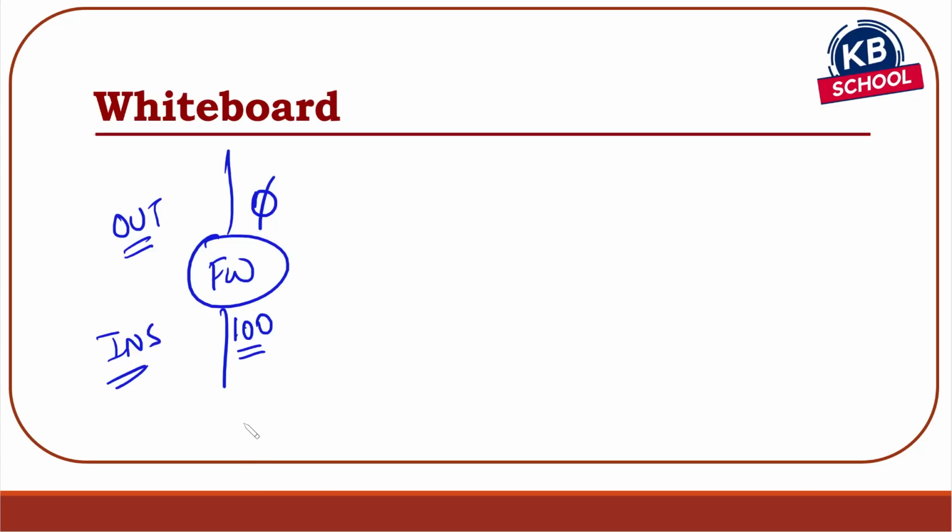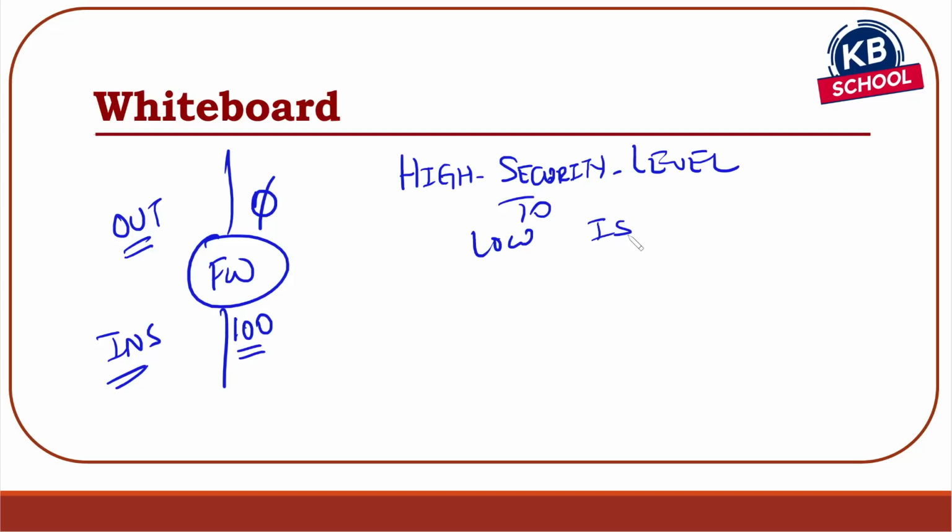But now what traffic will be allowed to go through the firewall by default? Now by default, all traffic going from a high interface, high security level interface, to low is allowed.